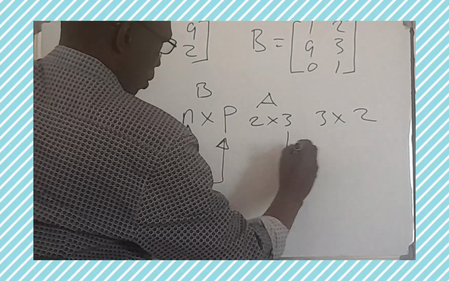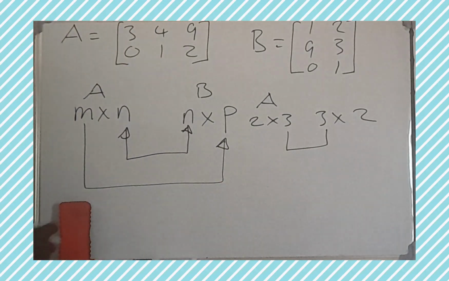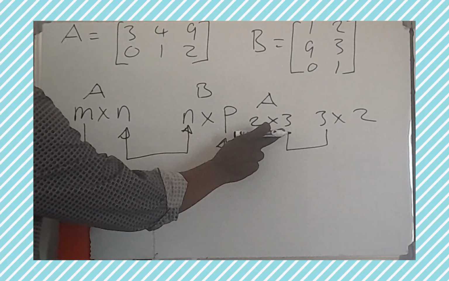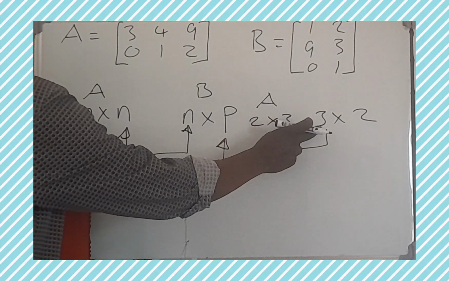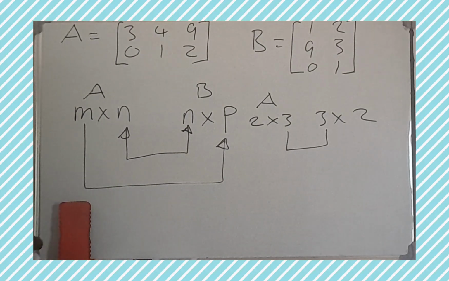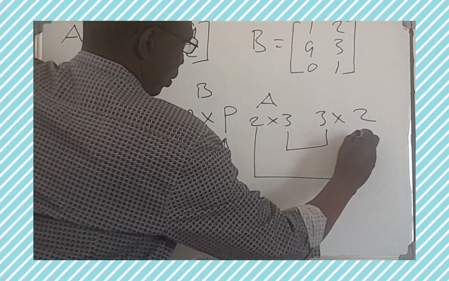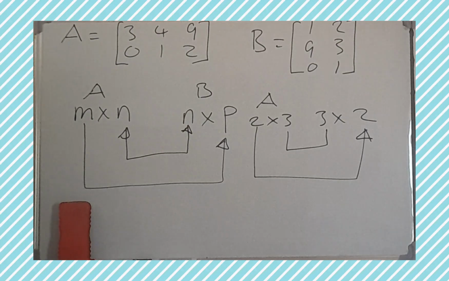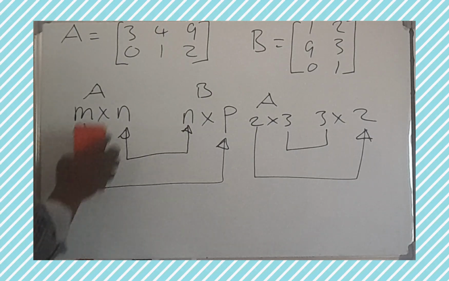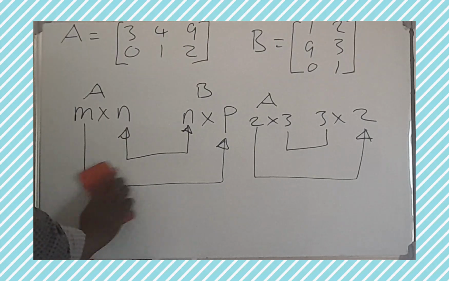So that is satisfied. Number of columns in A equals number of rows in B. What will be the size of the product of A and B? It will be a 2 by 2 matrix. Okay? So let's keep this in mind. Let's now get busy and multiply A and B.